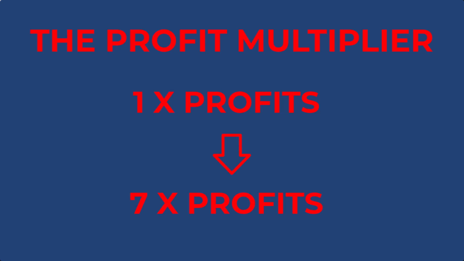But again, in my opinion, it would have to be a very special business to pay 7 times profits, or the business will probably be a much larger business or a publicly listed company, which in this case is not the type of company I'm talking about in this video.